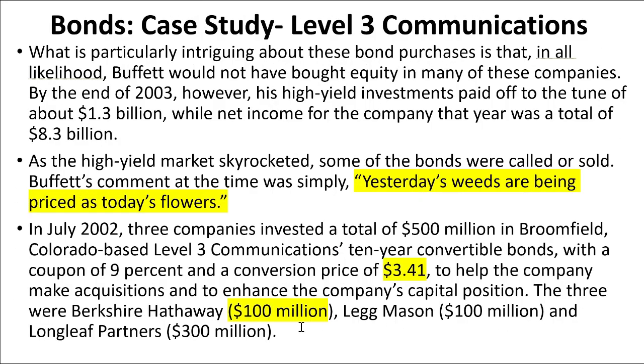See, Berkshire Hathaway of Warren Buffett invested only 100 million, whereas Legg Mason, another investor, invested 100 million, and Longleaf Partners, the major negotiator, invested around 300 million.